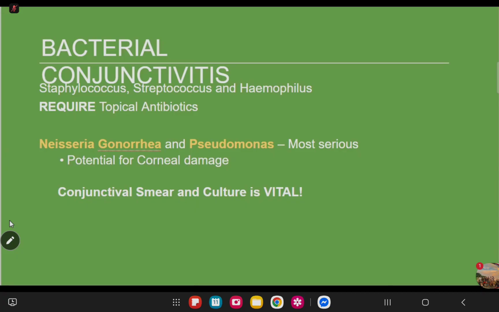It has the potential for corneal damage as these microorganisms could cause a fast, what they call a quick corneal melt. Neisseria gonorrhoeae will have copious eye discharge that interacts with your corneal enzymes, which in turn will melt your cornea.